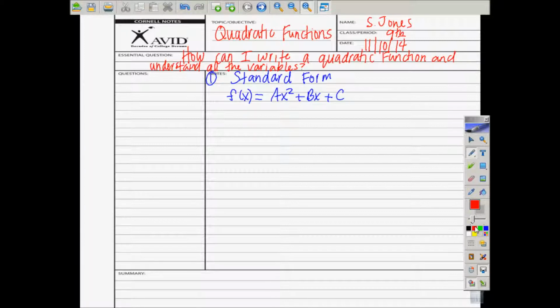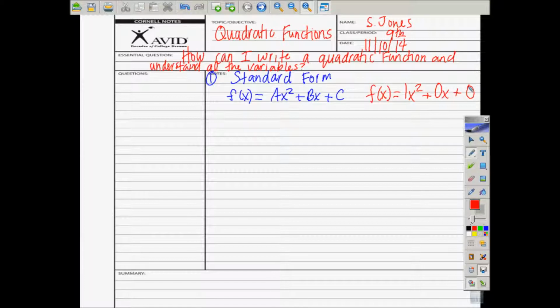So my parent function in standard form would be f of x equals 1x squared plus 0x plus 0, where a is 1 and c is 0. But what happens to those zeros and those ones? They don't count, they become invisible, right? Because there's no point of writing add a 0 or multiply by 1, so it would just become x squared, which is a quadratic function. Okay?